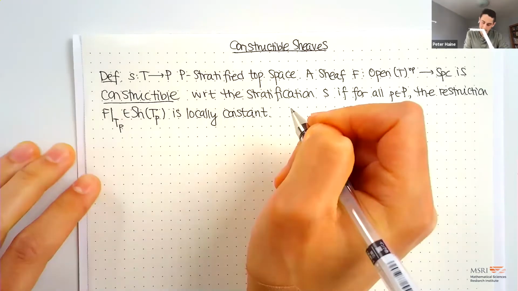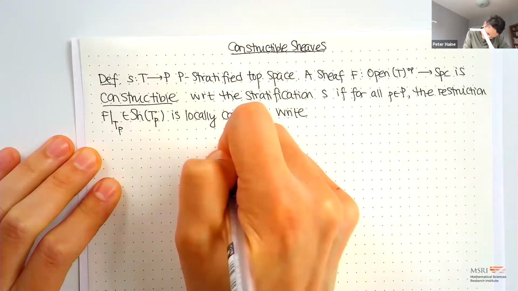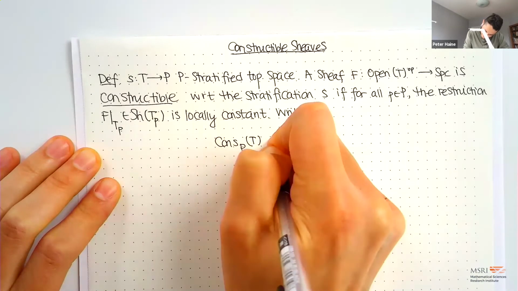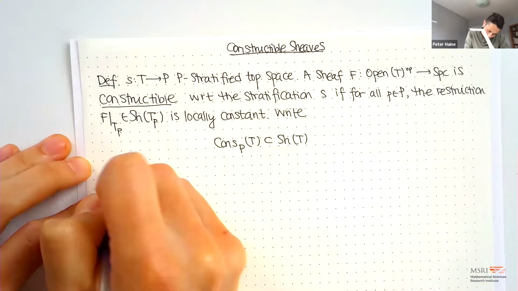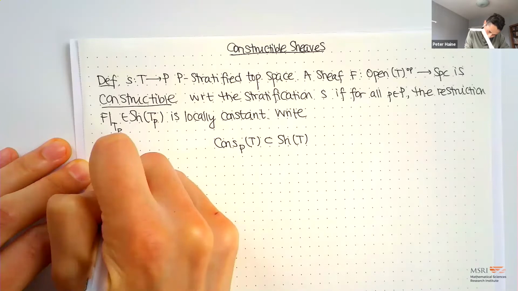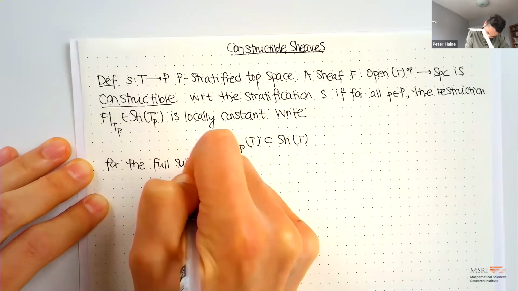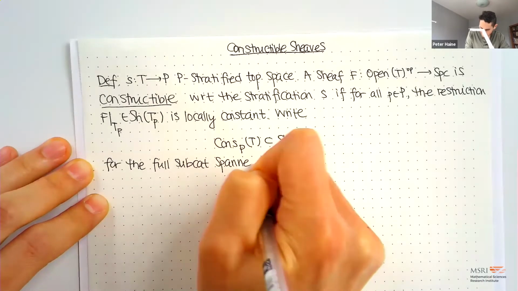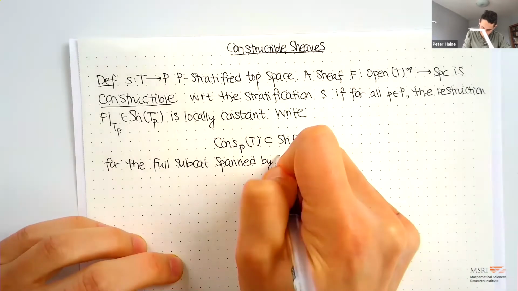And then I'm going to write Cons_P(T) inside of sheaves on T for the full subcategory spanned by P-constructible sheaves.